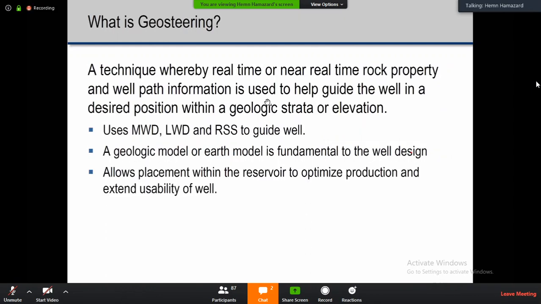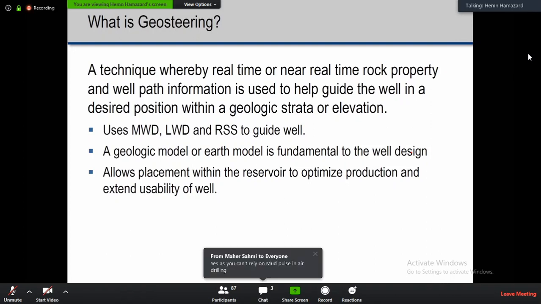And then we have another term which is called geosteering. Geosteering means if you have the directional tools like power drive or RSS with LWD, you have someone they call a geosteering scientist. He has a big picture of where we have to drill, and then he basically drives the drilling operation in the reservoir section.